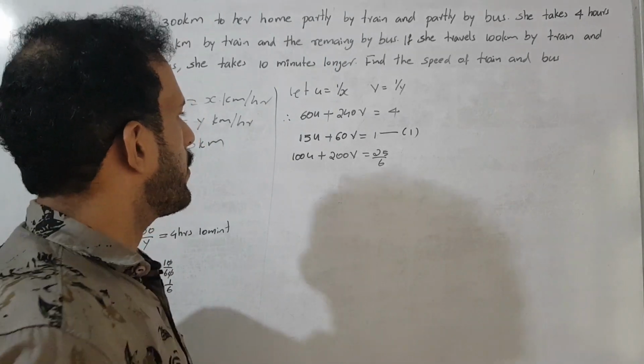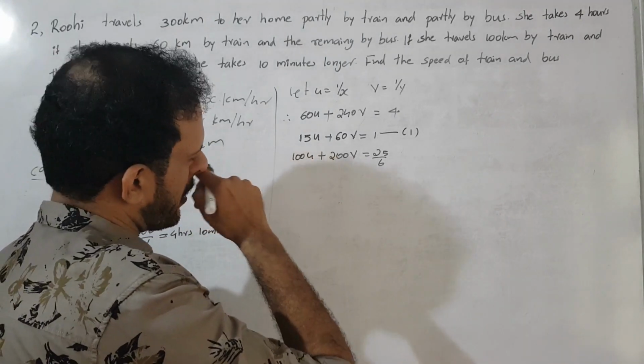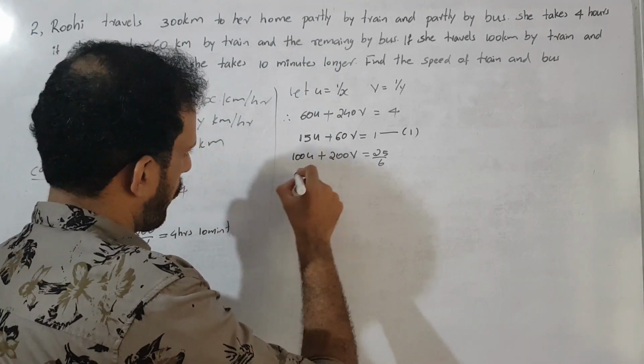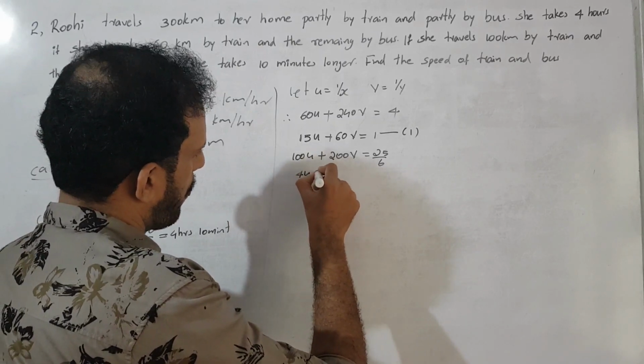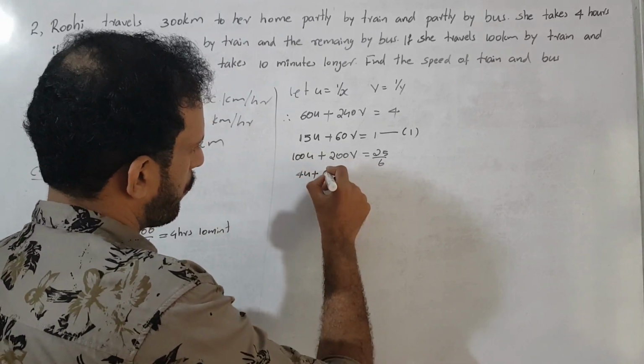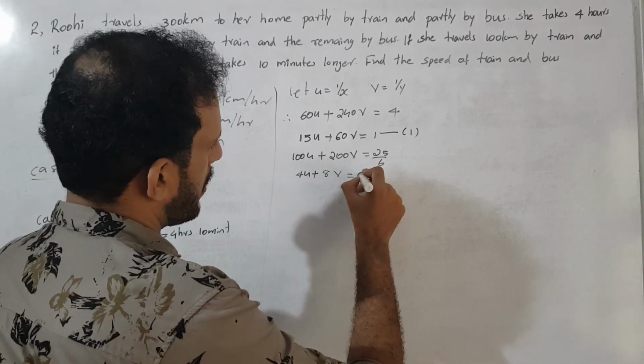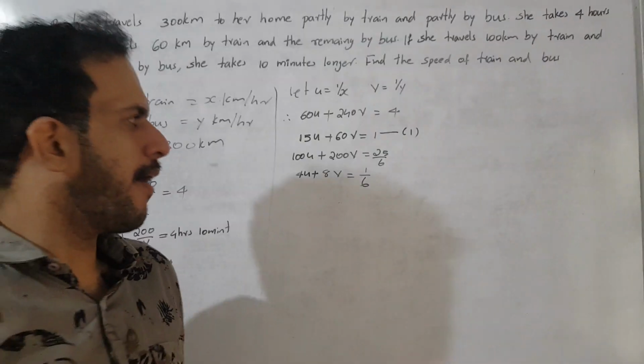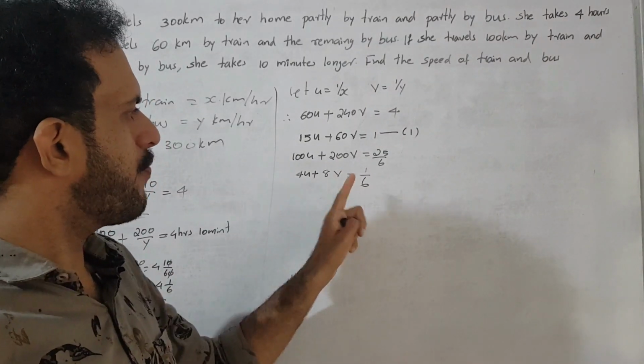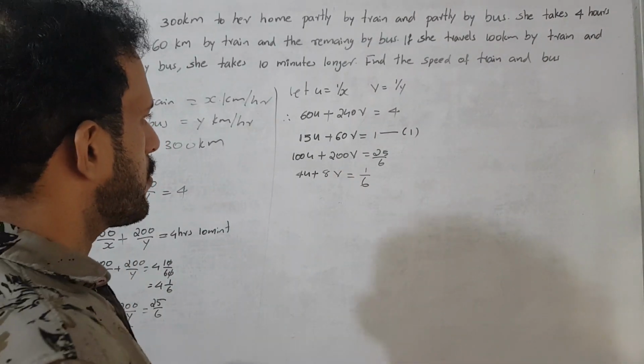So what do you get? 4u plus 8v is equal to 1 by 6. Correct? After reducing, what do you get? 4u plus 8v is equal to 1 by 6.